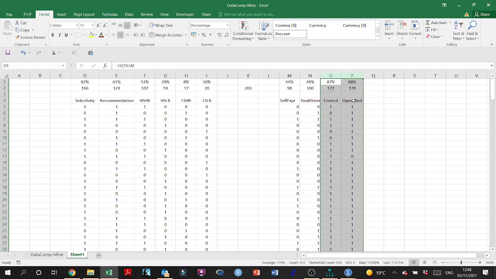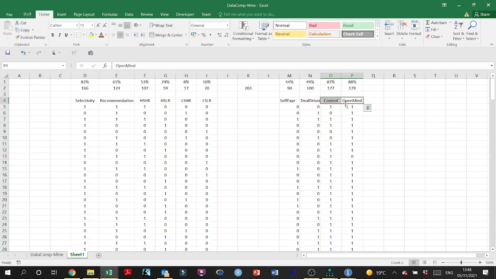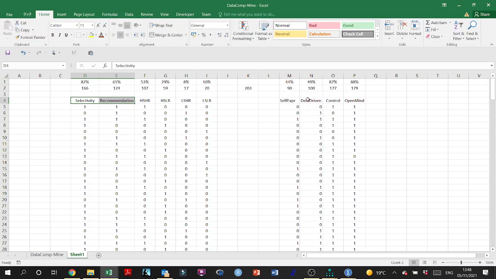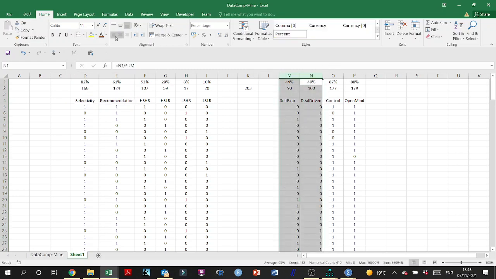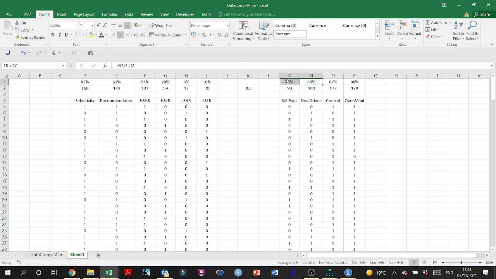First is open-mindedness, and almost close to it is control. These are the most prominent characteristics. Then comes selectivity and recommendation. The least, in fact, and I wasn't expecting this in our data set, the least were the ones that I thought they were the most, which is less than 50% almost, the data-driven and self-expression.